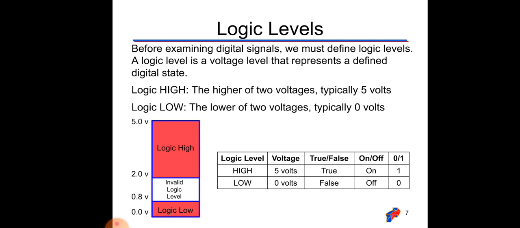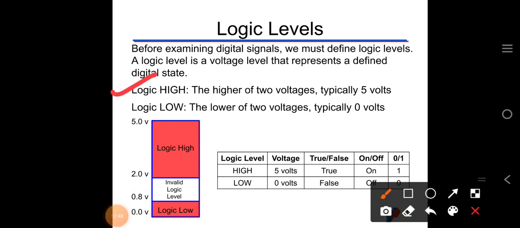So generally when we transfer or record data in the form of digital signal, high voltage is represented as 1 and the voltage is mostly 5 volts, and for logic level 0 it is obviously 0 volts. So the first point says logic high, which is the higher of two voltages, typically 5 volts, and logic low, the lower of two voltages, typically 0 volts.